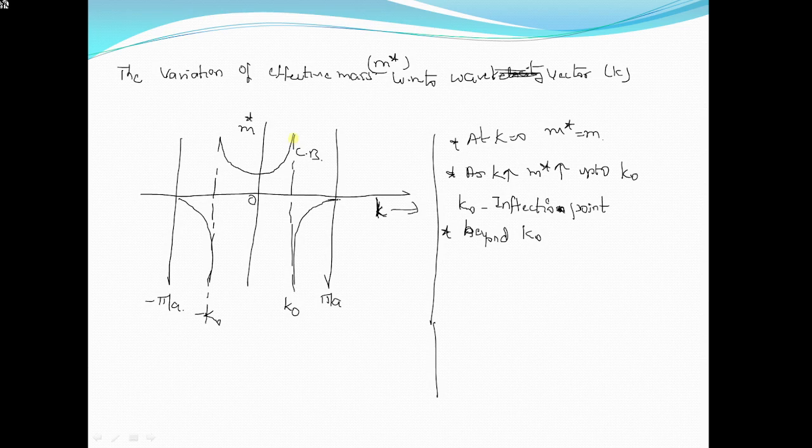After the point of inflection, as k increases, what happens? Beyond k naught, as k increases, effective mass decreases. After becoming maximum, it is decreasing.